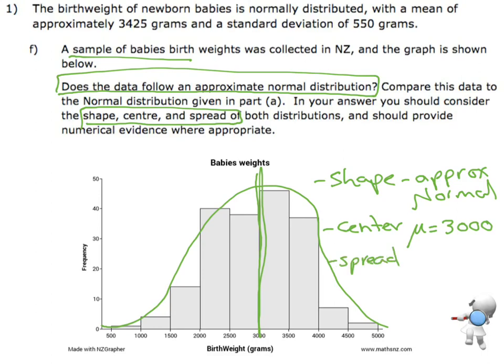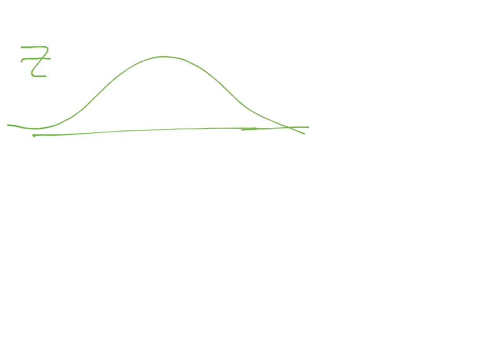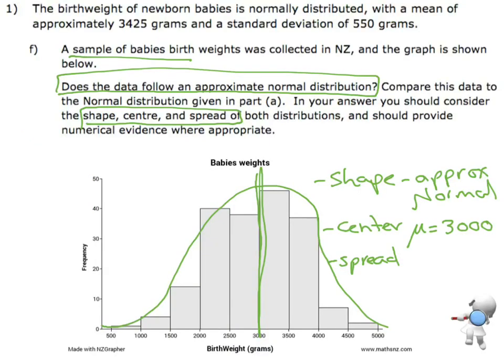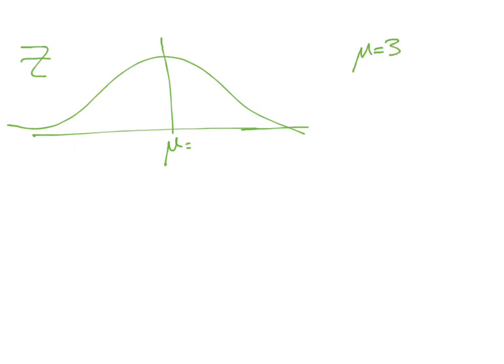Okay, so in terms of the spread, now I'm just going to jump over here for a moment. When we have a standard normal distribution, our Z distribution, excuse me, what we do is we talk about how we've got our mean in the middle. And so say I had a mean of, like we did originally, of 3,425 with a standard deviation of 550.